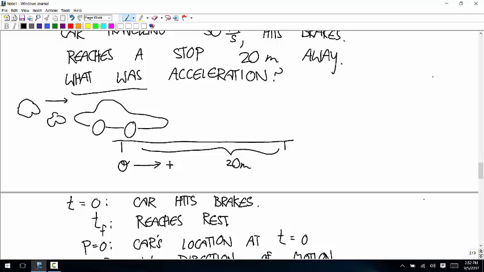We're trying to label these different points, give them numeric labels according to the distances and directions that are given and chosen. So if this point is 20 meters in the positive direction from 0, what's the position where he comes to rest? Positive 20. And so that's something we can use. We know that at time final, the position is positive 20.